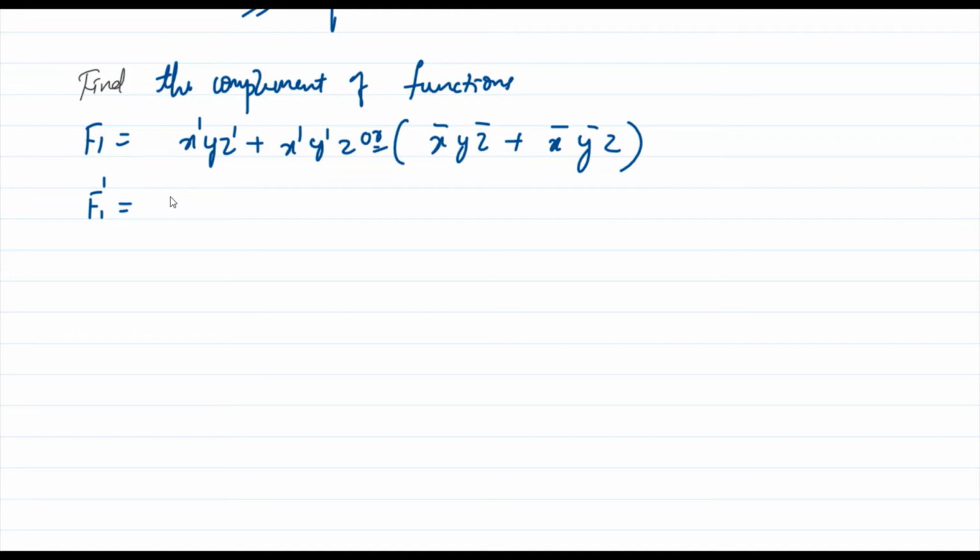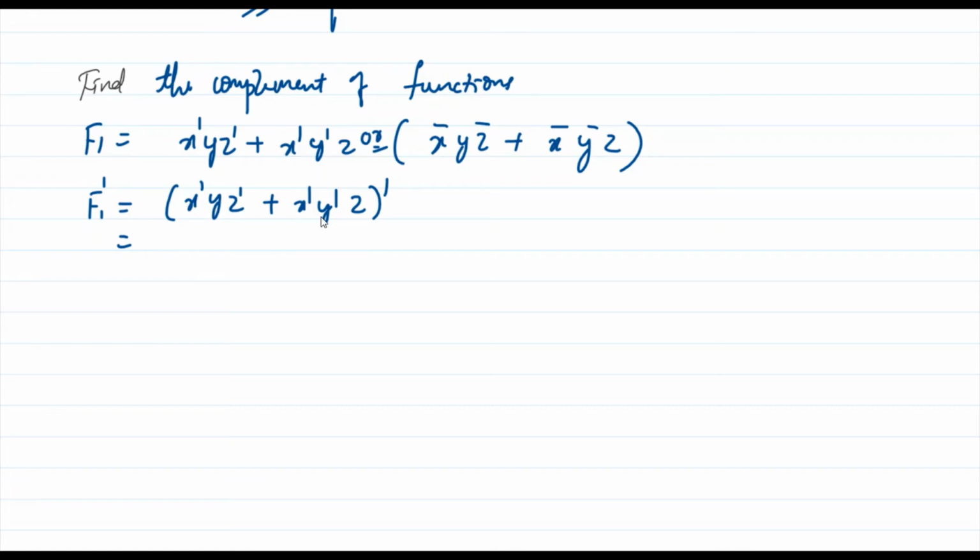So I write (x prime y z prime) whole prime plus (x prime y prime z) whole prime. Am I right? This is the complement of the given function. If you solve this using De Morgan's theorem, you will get the correct result.